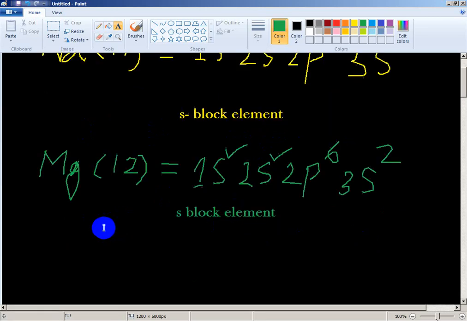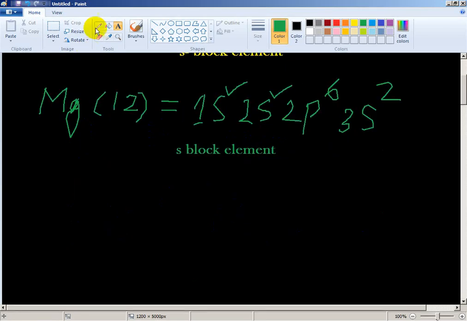Now I am doing another element, phosphorus. Do you know the atomic number of phosphorus? 15.